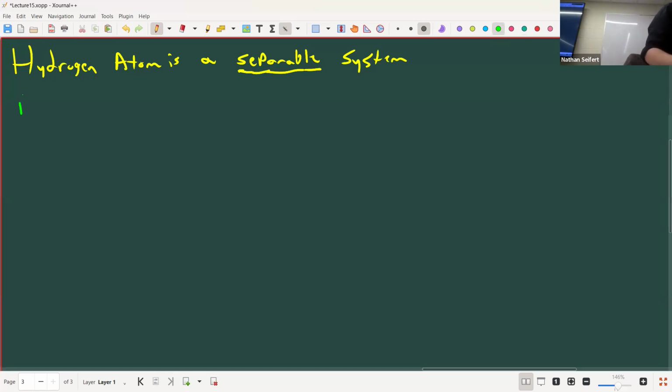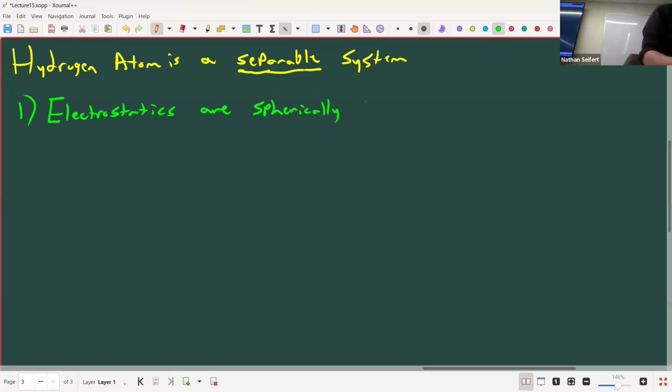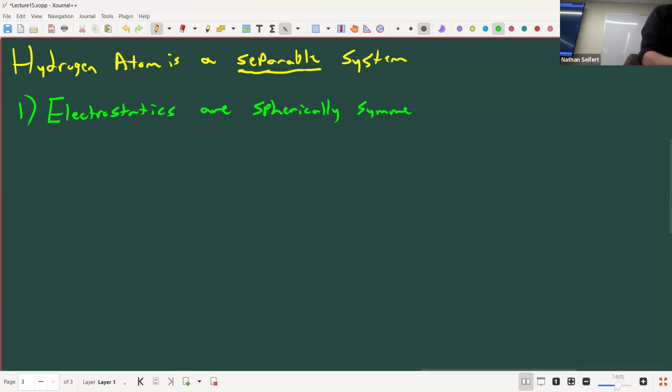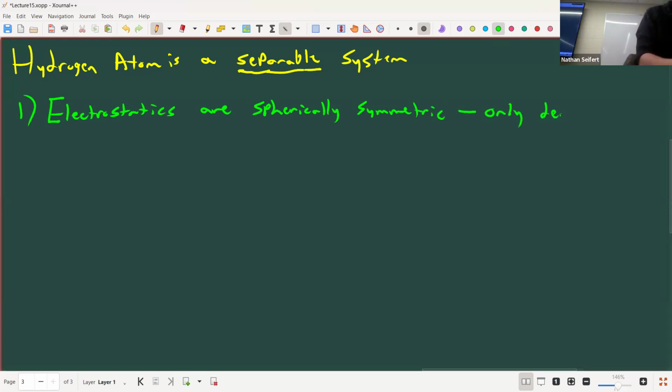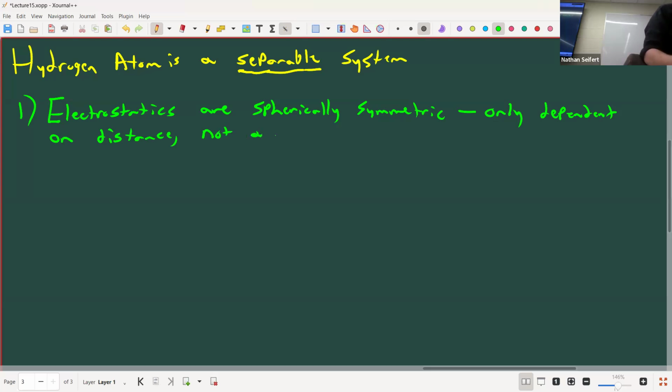So the idea is that electrostatics are what we call spherically symmetric, only dependent on distance, not angle. Again, that should be easy to see.